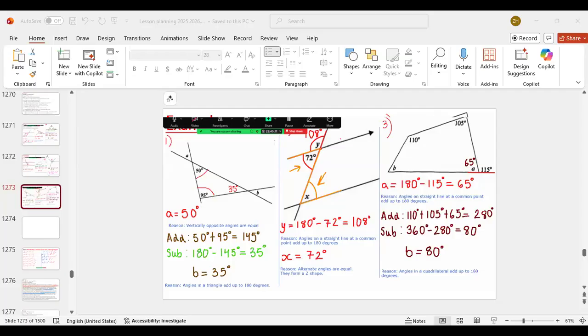Very good. What do we mean by an isosceles triangle? Two sides and two angles are equal. Very good. What do we mean by a scalene triangle? No sides and no angles are equal. Very good.